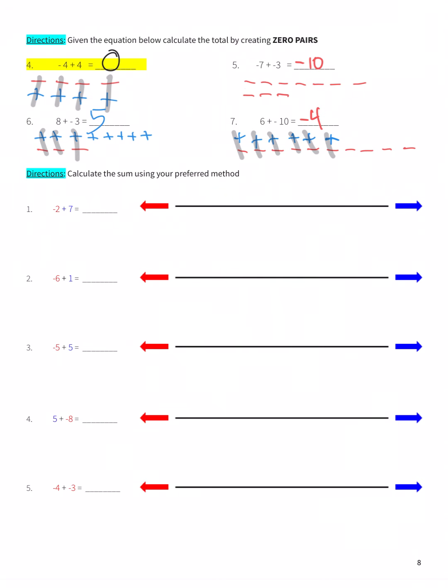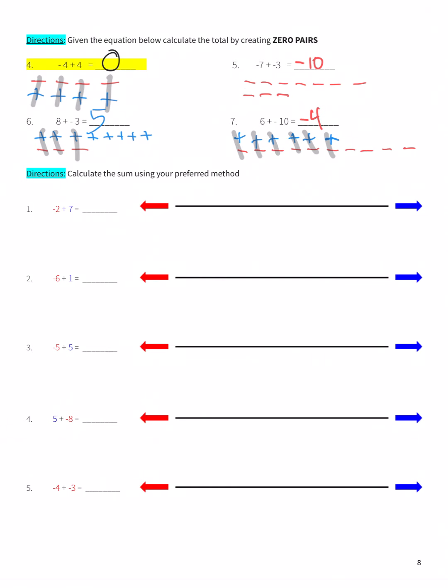This one's negative 10. Remember, 1 positive per 1 negative makes a 0 pair. We do not have any positives here to match up, so we just count up our negatives. All right, here the answer should be positive 5, and here the answer is negative 4.